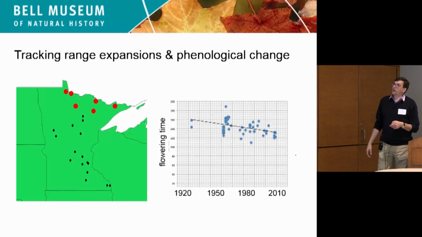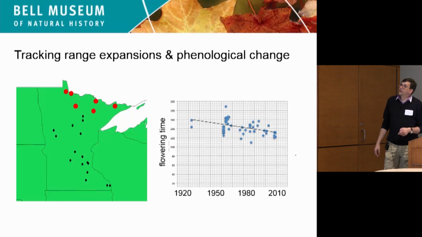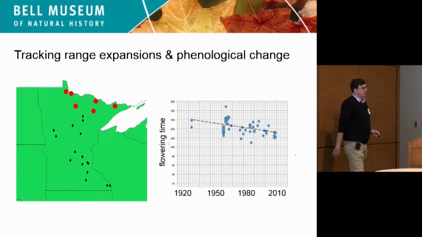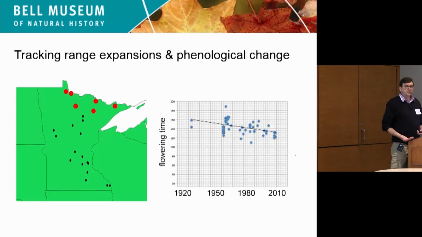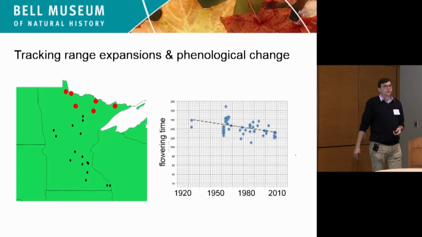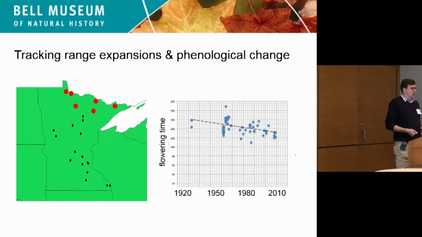And these are some real data drawn from our herbarium specimens for the Juneberry, where over the last 80 years, although there's a lot of variation from year to year, we see that in fact the Juneberry is flowering on average 4 weeks earlier in the spring than it did 80 years ago. A very strong response to our changing climate.